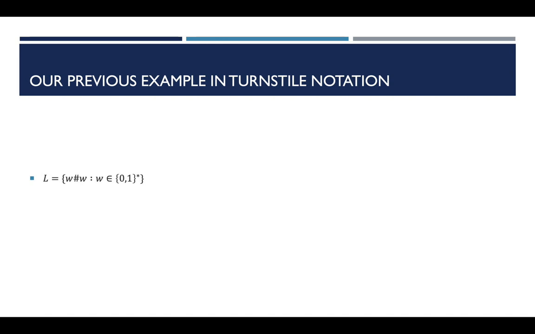The language we were interested in in that example was the language of two strings, each some collection of zeros and ones, separated by a hash sign. The same agglomeration of zeros and ones should appear on the left and on the right of that hash sign in order to be a string in the language.